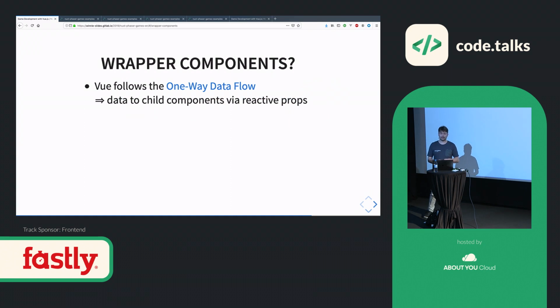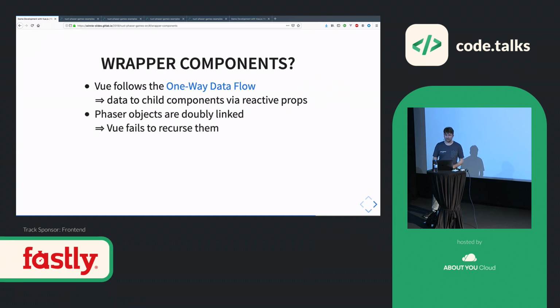And making Phaser objects reactive is typically a bad idea because Phaser objects are doubly linked. That is, every scene knows all its children, and every child knows its scene. That means Vue recurses happily into that thing, and then after a while realizes, oh, that's too many objects.